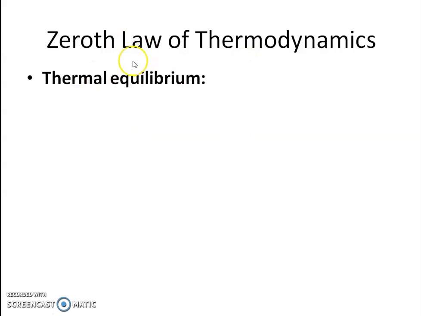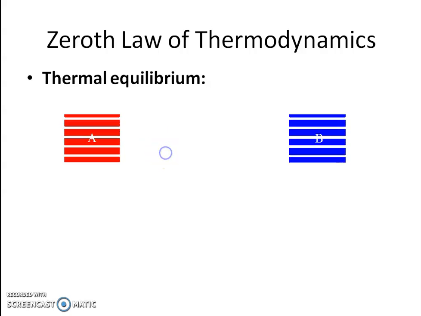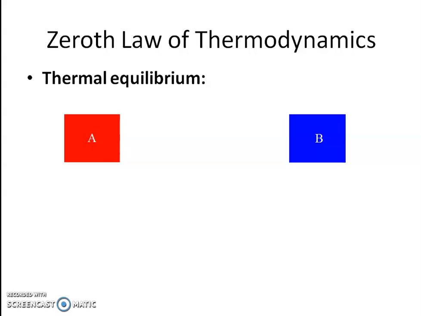In order to understand the zeroth law of thermodynamics, first of all you must know the meaning of thermal equilibrium. So consider two closed systems A and B with temperatures TA and TB.